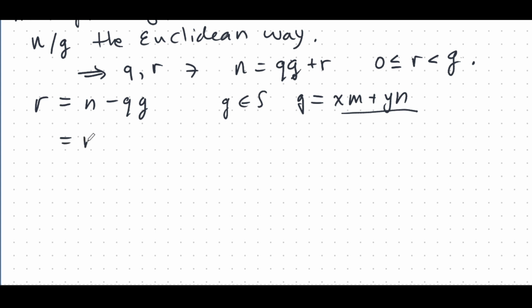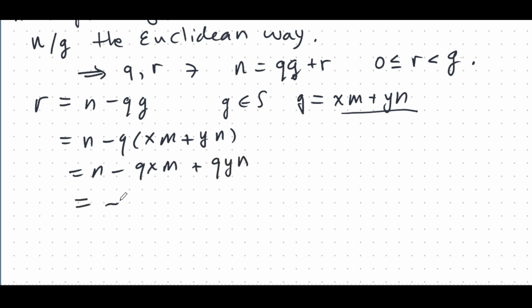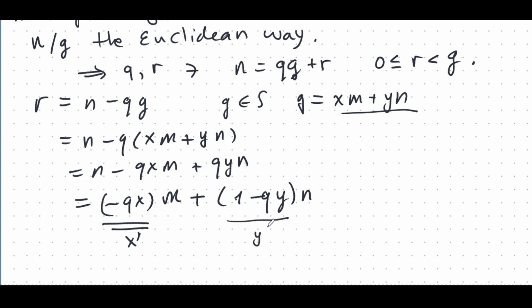And so we can do the expansion just like in the previous page: N minus QXM plus QYN. Now collect the other coefficient here. What does the other one look like? 1 minus QYN. So this is another X, maybe call it X prime, and this is another Y prime.